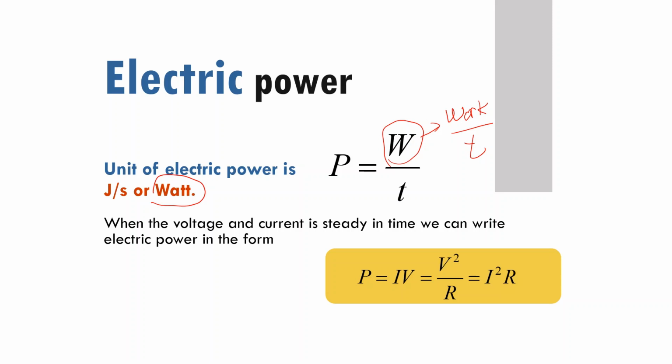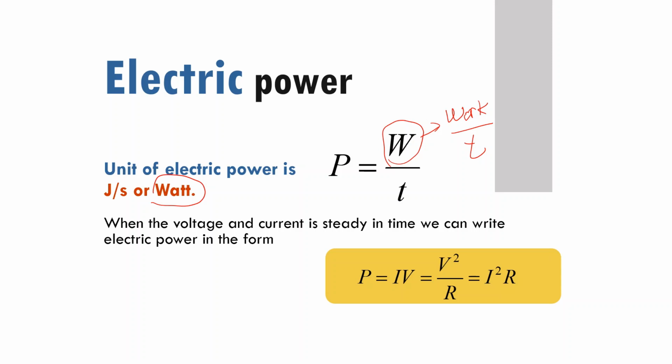Which means, how much work does it do per unit time? How many joules per second? If you have a lot of work for this equipment to do, it is going to use a lot of power.